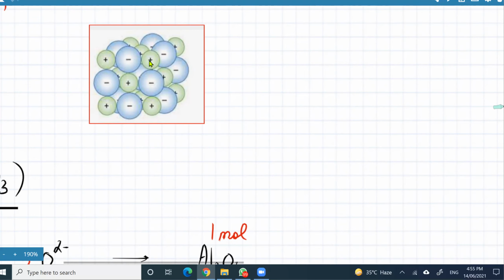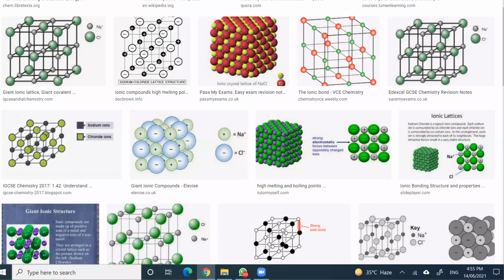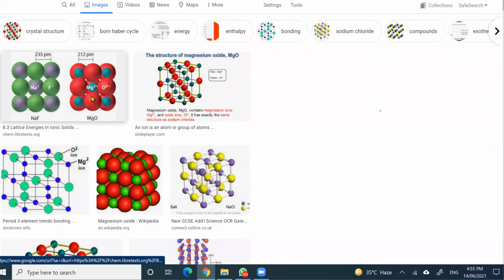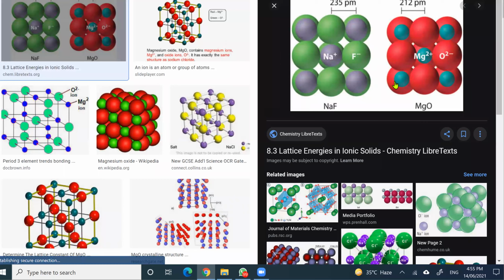If you have an ionic lattice of, let's say, magnesium oxide, so let's compare these two. Over here you have Mg2+ and O2-. On the other side you have Na+ and F-. Because of the greater charge, there would be a lot more attraction in MgO. Is that clear?